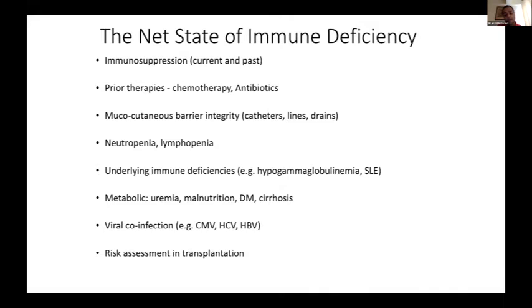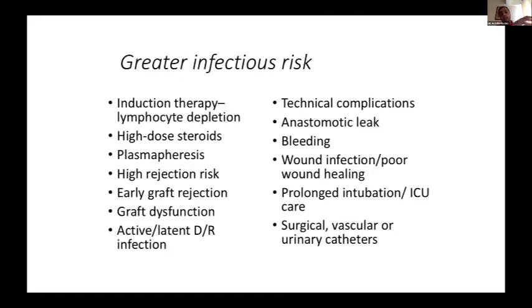Viral co-infections, like cytomegalovirus, actually predispose to other infections like fungal infections. And what was the risk assessment done in the transplantation, and what therapies were used at that point in time? The greatest infectious risk is when you've used induction therapy, for example if you want to deplete the lymphocytes, like ATG, high dose steroids.